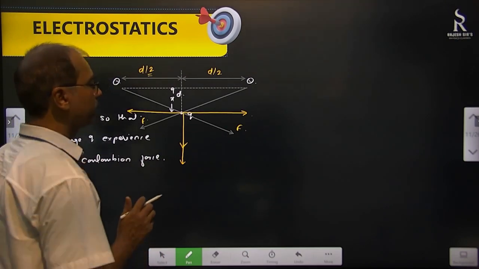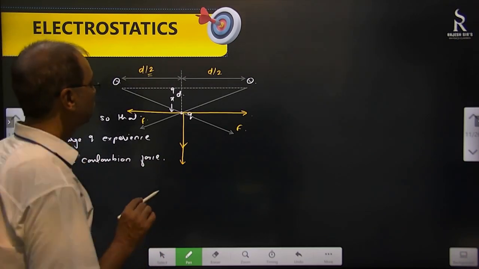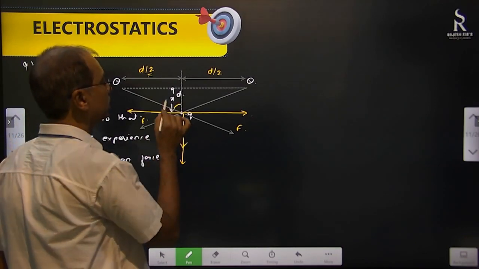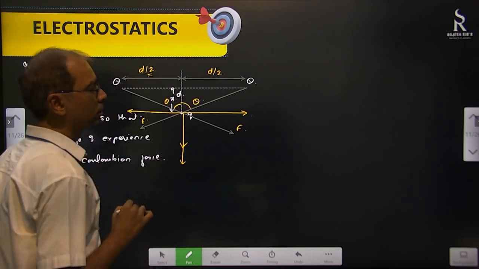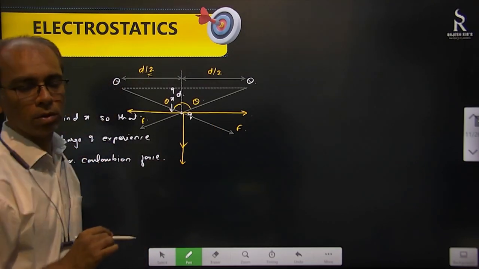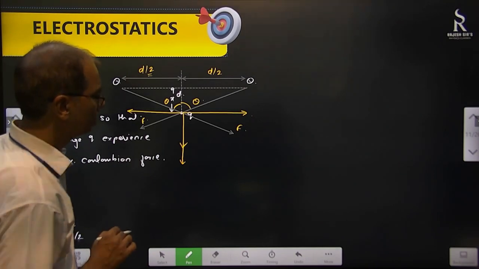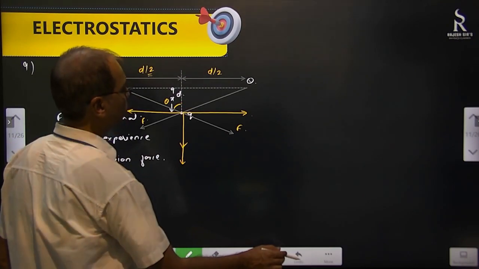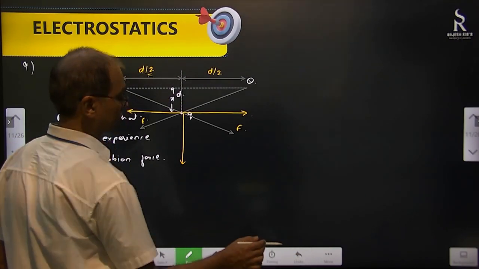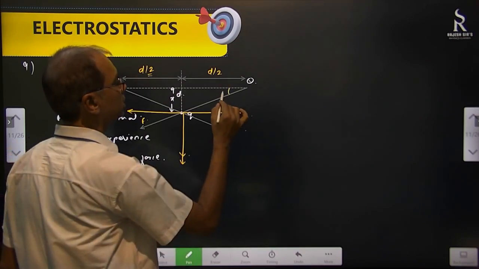But before doing that, because we have to find components, theta is required. So take theta, this is theta, and I know that this is also theta. I have taken theta with vertical. Shall I take with horizontal? Normally we'll go with horizontal, so take with horizontal only. Horizontal means I'm taking this as theta.